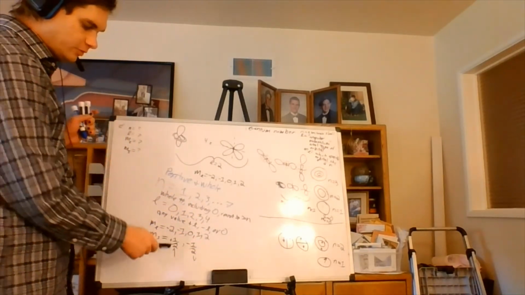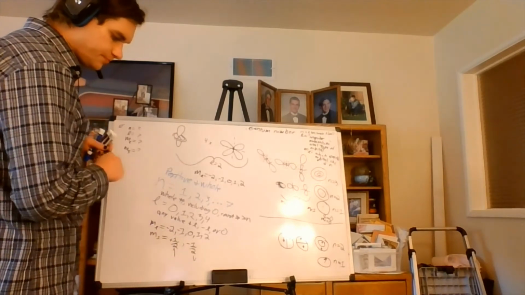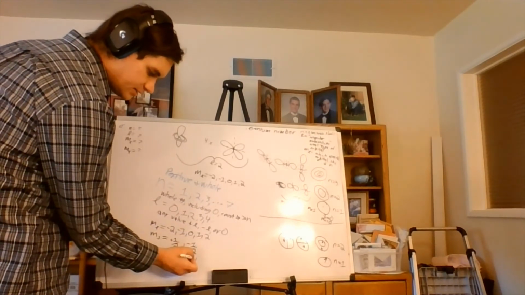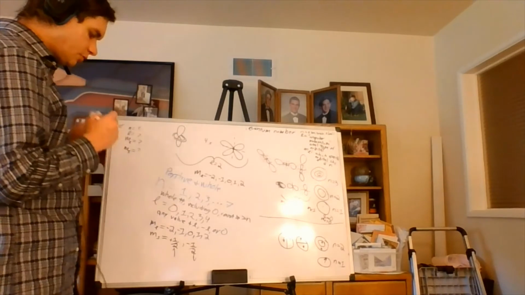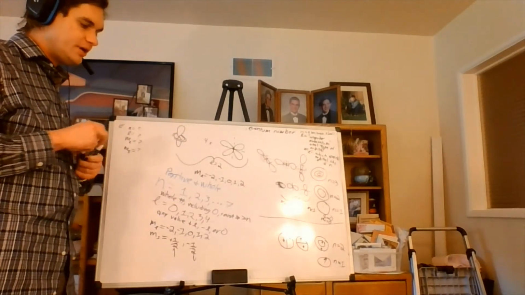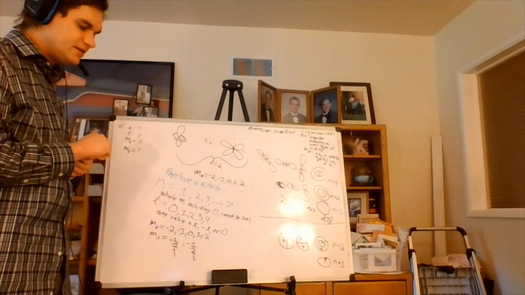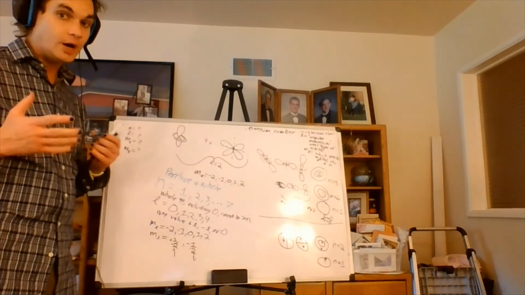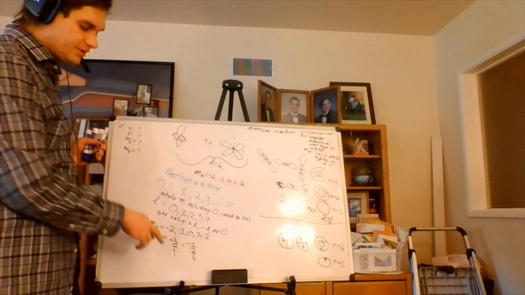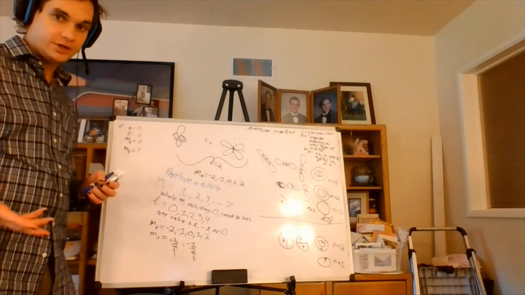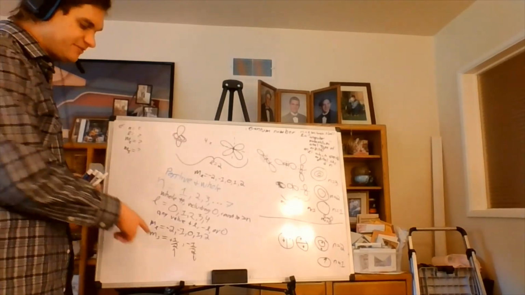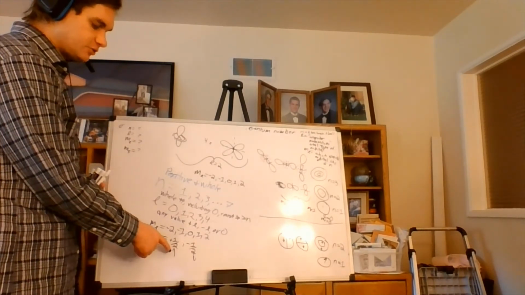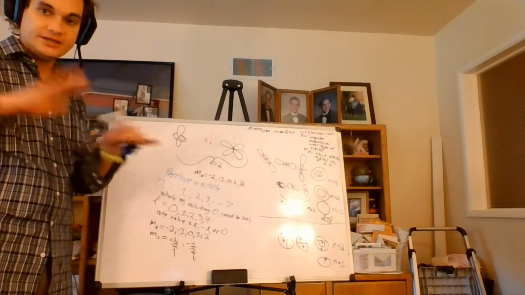Now, one of the things about spin up and spin down is that it's not actually up and down. These are up and down relative to each other. The specific direction that a given electron has a spin up can be literally any direction.